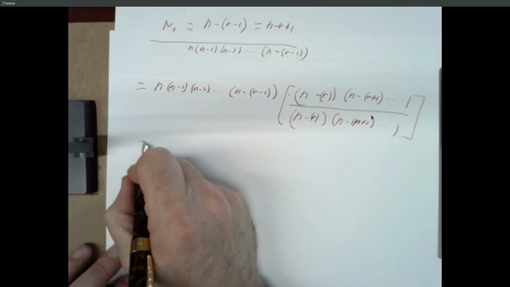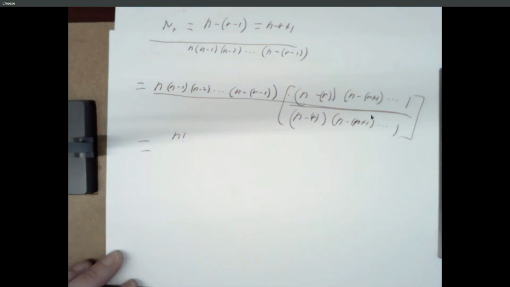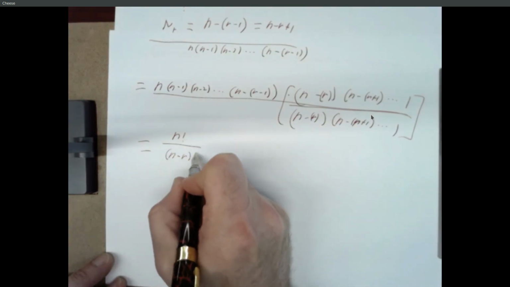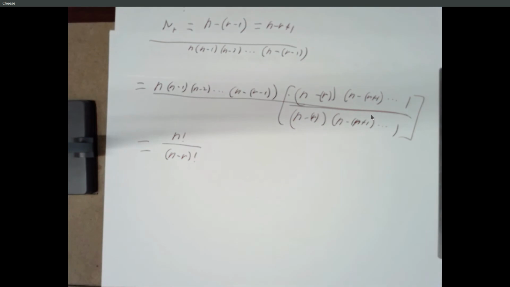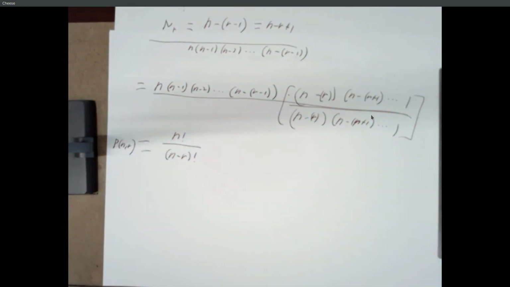But if we do that, this upper part ends up being n factorial, and this bottom part ends up being n minus r factorial. And so this is going to be our formula for the number of r-permutations of n objects. So it's n factorial over n minus r factorial.